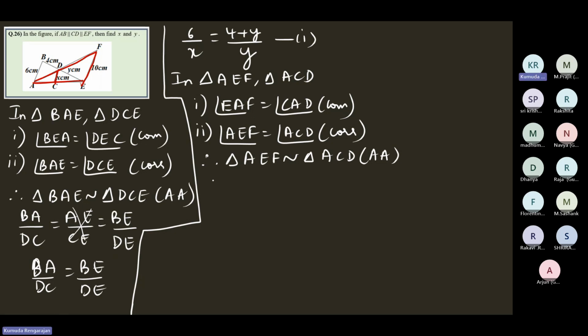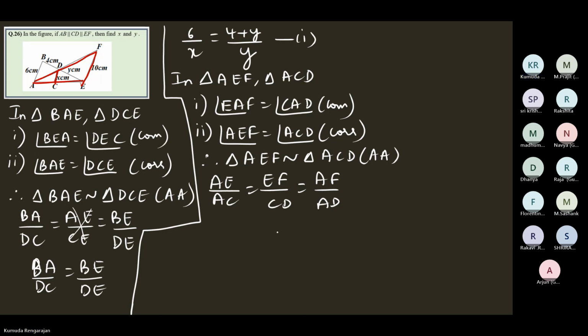Proportion: AE by AC is equal to EF by CD is equal to AF by AD. Now AE is not known, AC is not given.